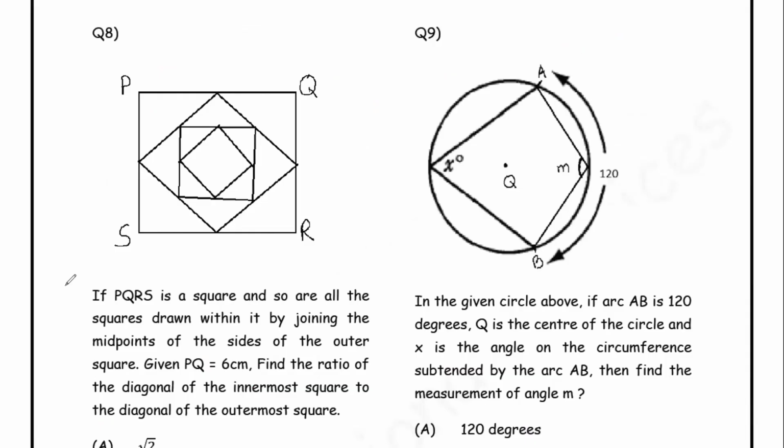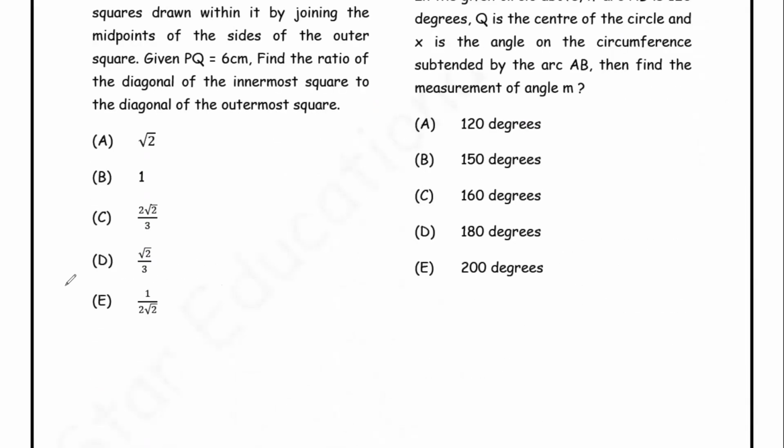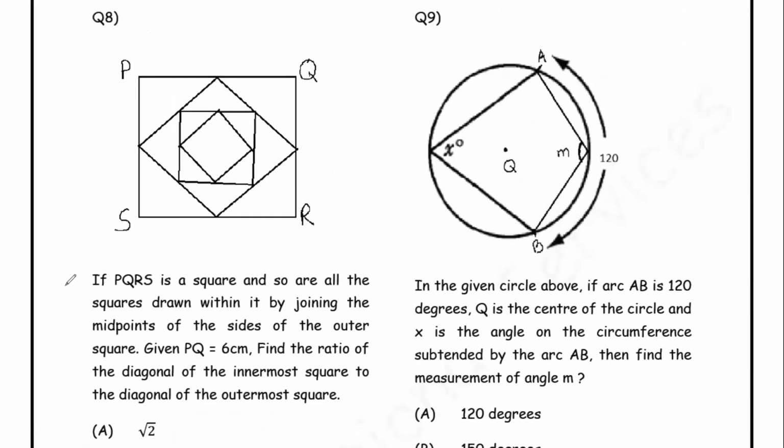Right. Question 9. Before going on to 9, just to give you an idea: if the picture was not drawn and they said that there are 20 concentric squares, then you need to understand that the diagonals went in this way.